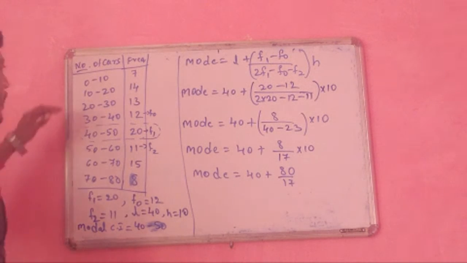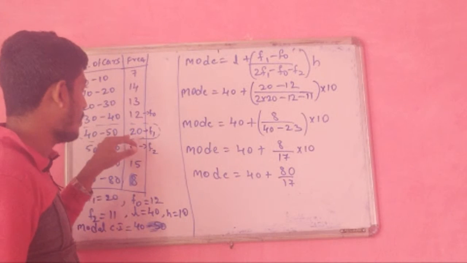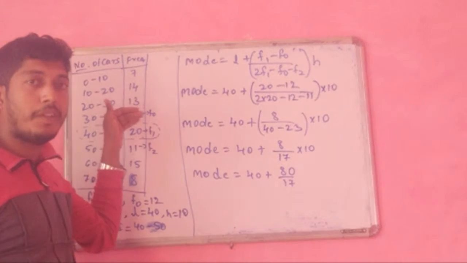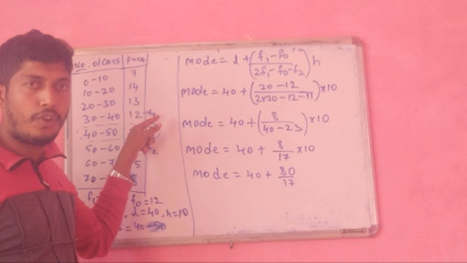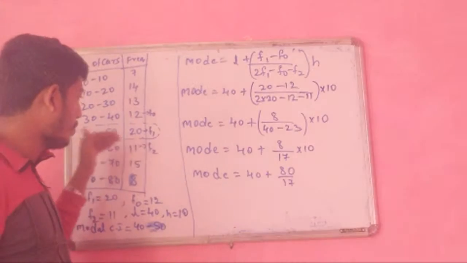So what we have to do is consider the highest frequency of the tabulation, that is f1, here 20, and the frequency preceding the modal frequency we consider as f0, and the frequency succeeding the modal frequency as f2.